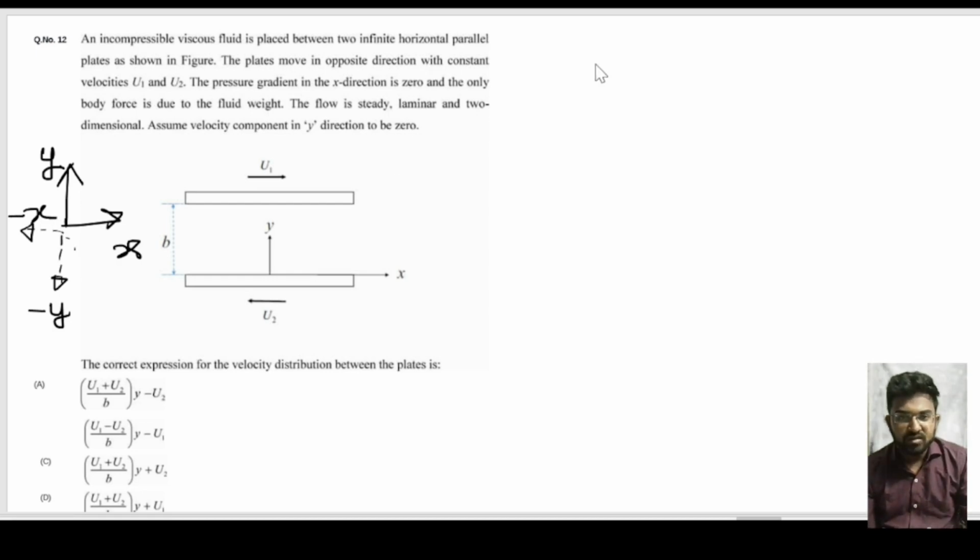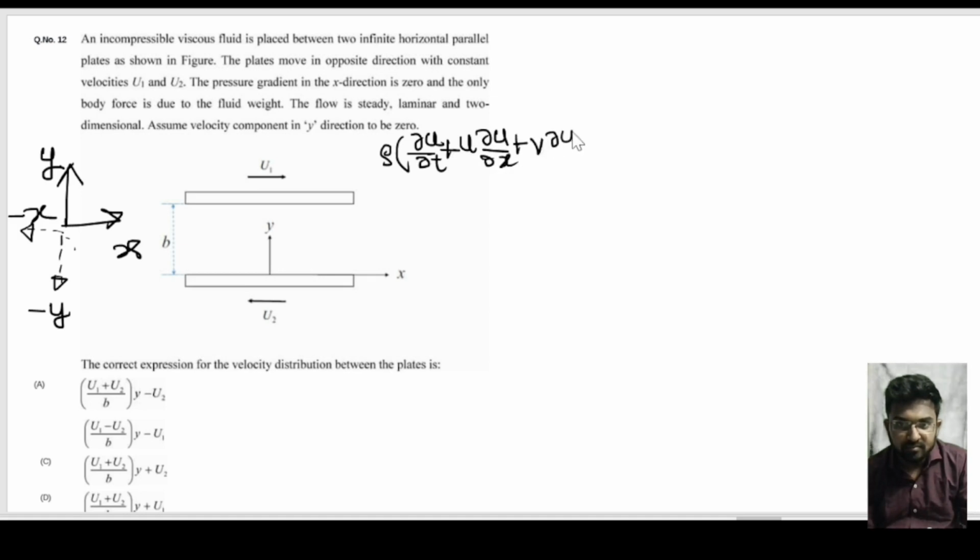Now first of all you just have to write the basic Navier-Stokes equation. So I will be writing the basic three dimensional Navier-Stokes equation.